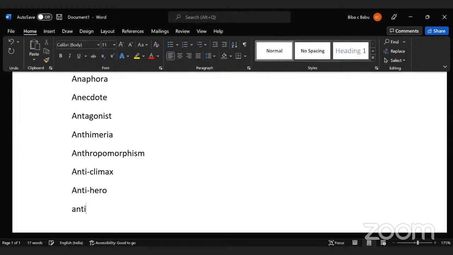Next is anti-metabole. Anti-metabole is a literary term or device that involves repeating a phrase in reverse order. When you repeat a phrase in reverse order, it is called anti-metabole.